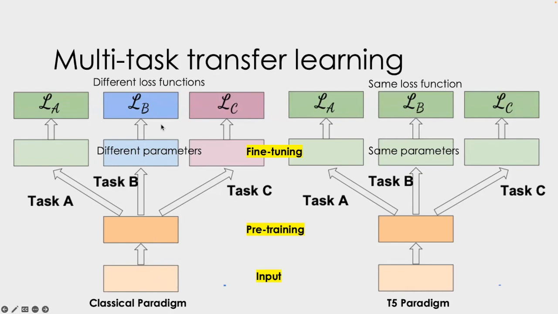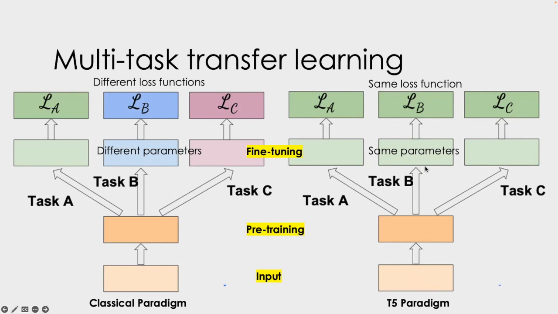So this is the classical way to do multitask learning. In T5, the key part is that it uses the same parameters.